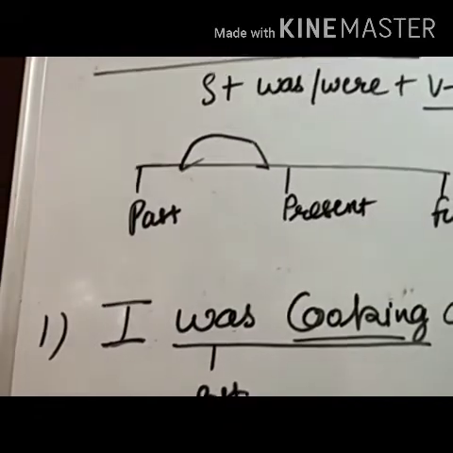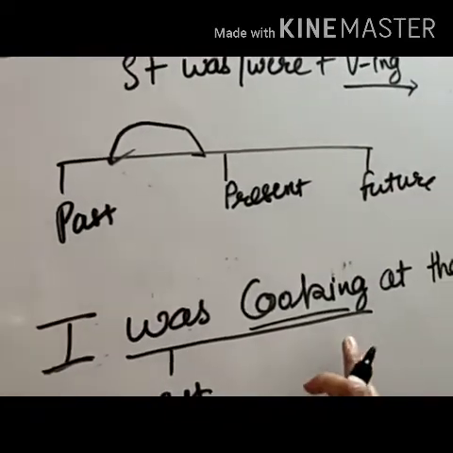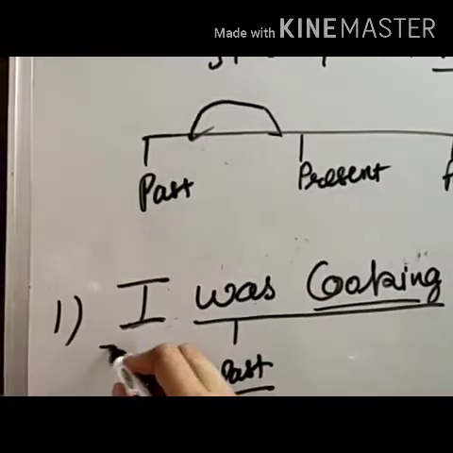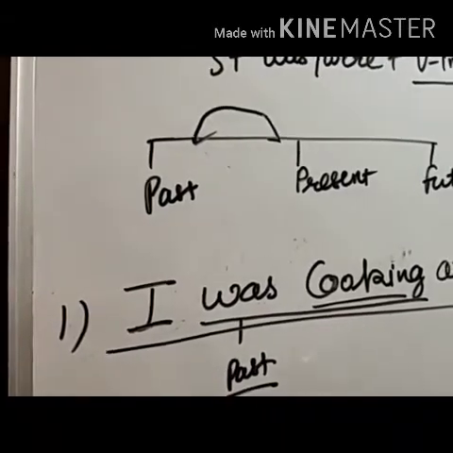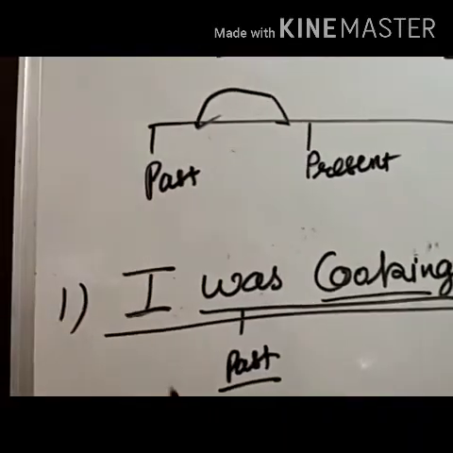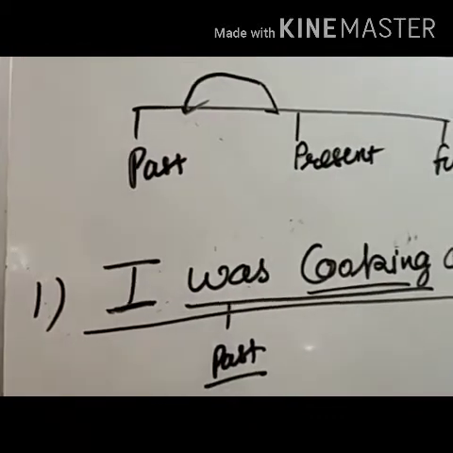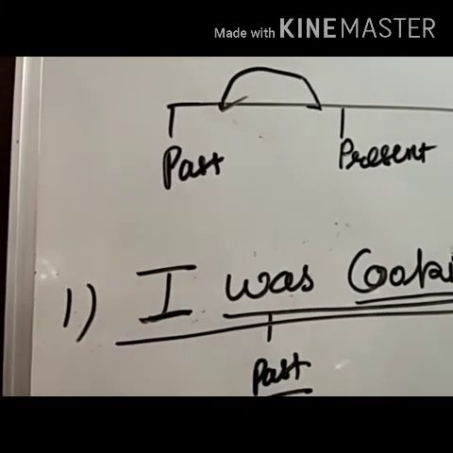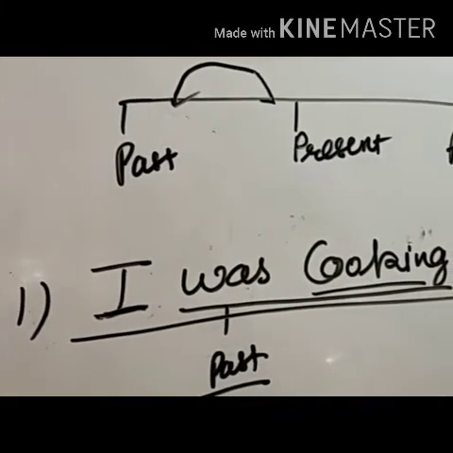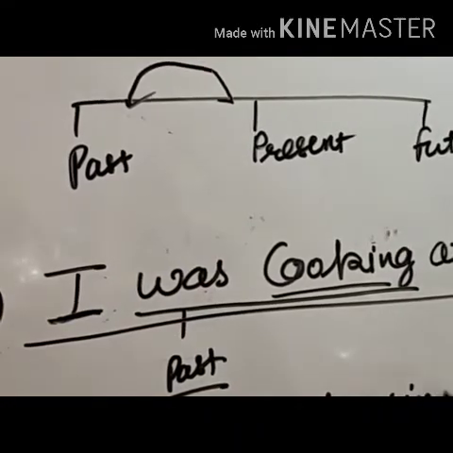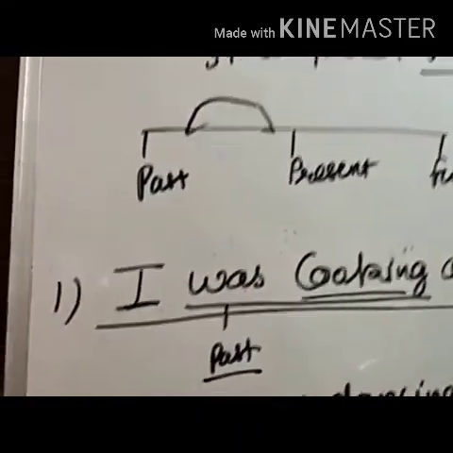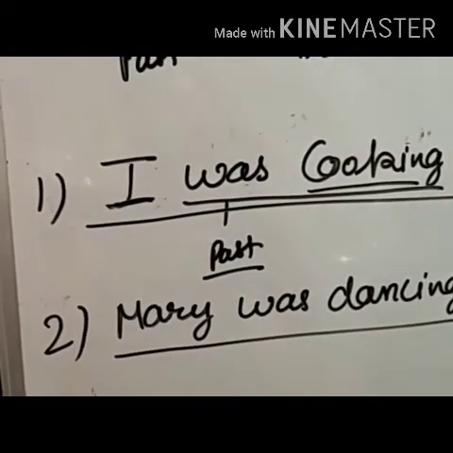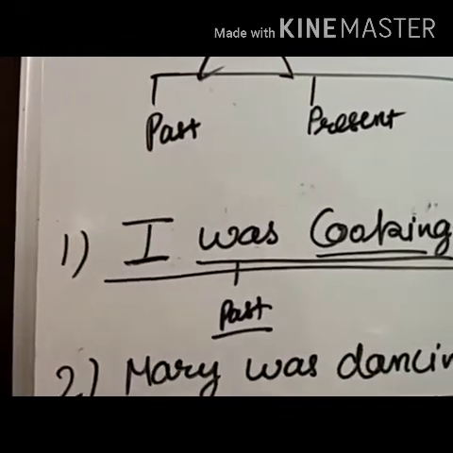So in this sentence, the work was in continuous form in the past. At the present time, when this sentence is being spoken, it means the work is finished, but when it ended, you have no information. But in the past this work was going on. Then another example, Mary was dancing. It means in the past, Mary was dancing at that moment.